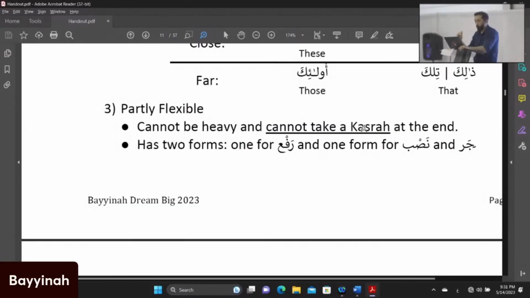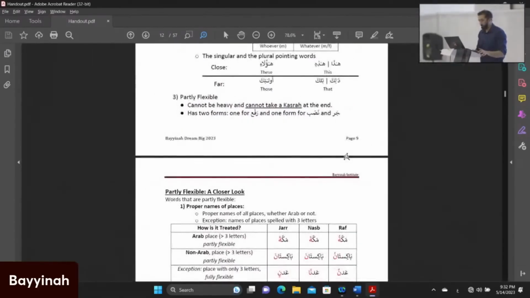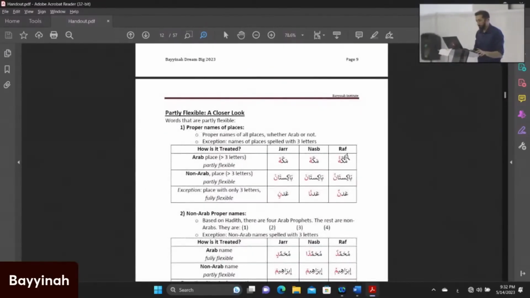It has 2 forms, one for rafa and one for nasab and jar. Does that make sense? Yusufu is for rafa and Yusufa is both for nasab and jar. So if you see Yusufa in the Quran, what's your answer? It could be nasab, could be? Excellent. Excellent.